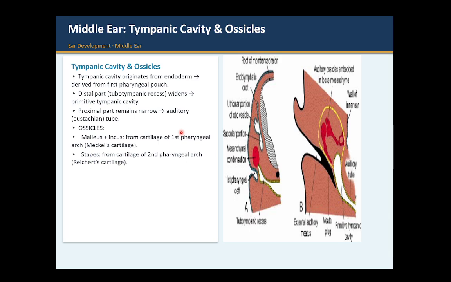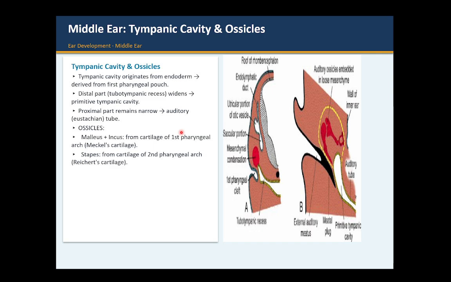So for all these cavities, the eustachian tube, tympanic cavity, and mastoid antrum, the epithelium is coming from endoderm. The inner ear comes from the ectoderm, because it came from the surface ectoderm, got detached, forming the otic vesicle, giving rise to the saccule, utricle, and semicircular canals.